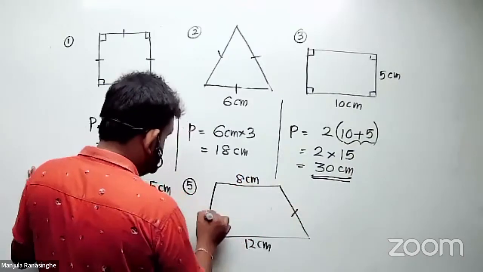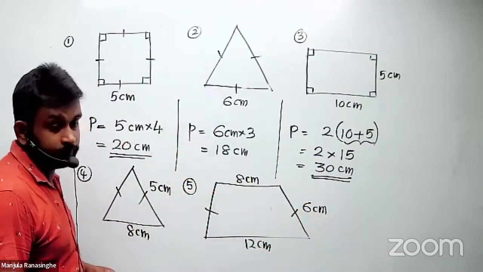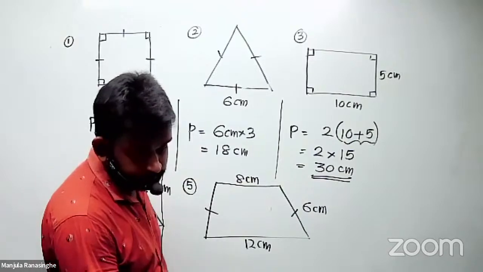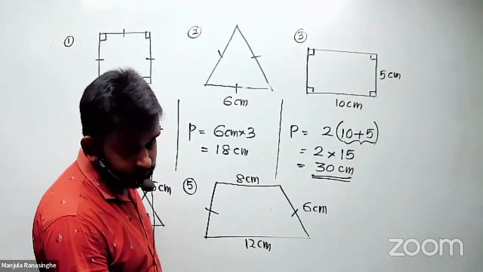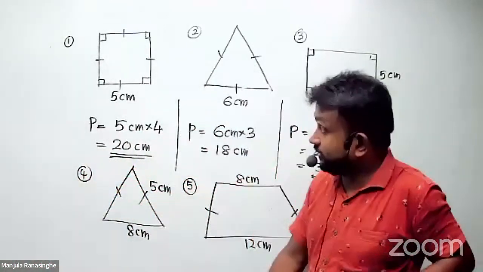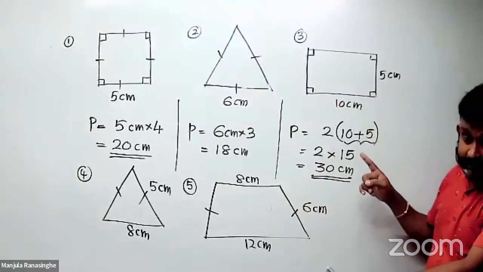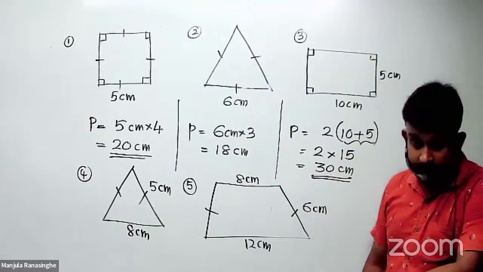These two sides are given equal and one side is 6 centimeter. Right. So these are the three examples that I did, and these are the two examples you have to do by yourself. Okay.